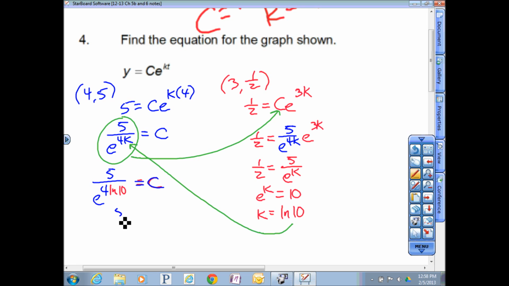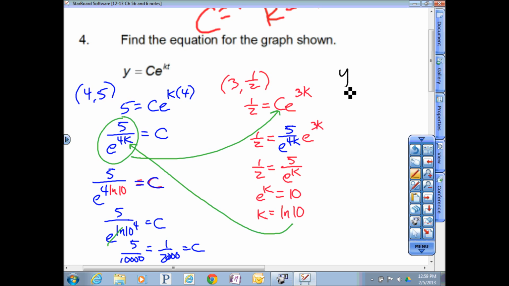So let's treat this as 5 over e to the natural log of 10 raised to the 4th power for our c. Now I can cancel the e in the natural log, and I really have c would be 5 over 10 to the 4th, or 5 over 10,000, or I think that's 1 over 2,000 would be my c.